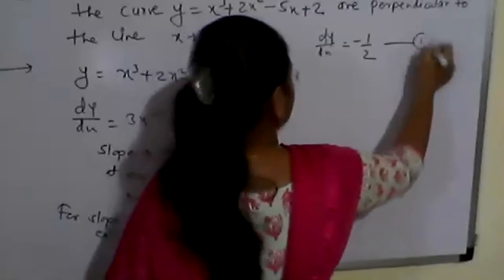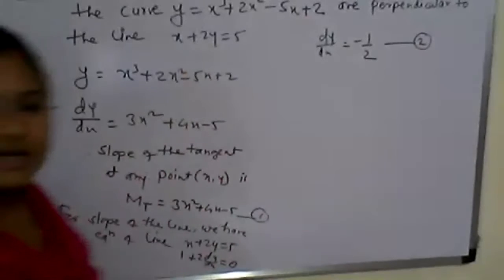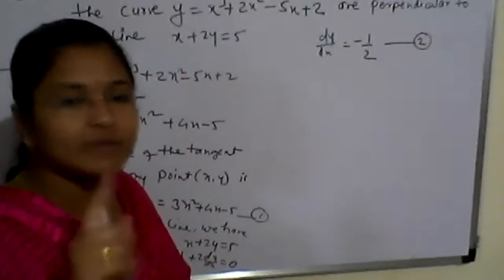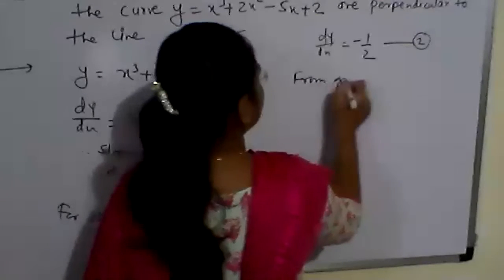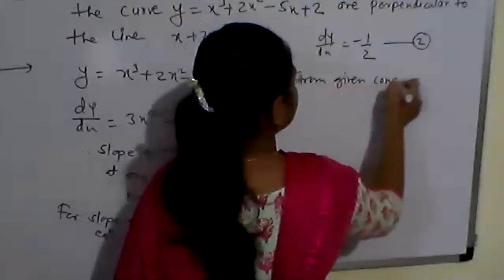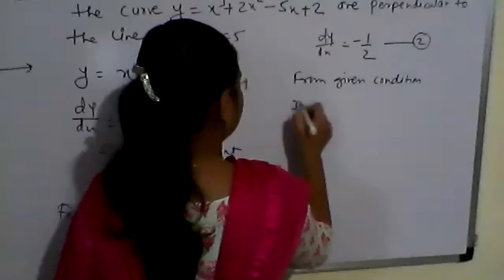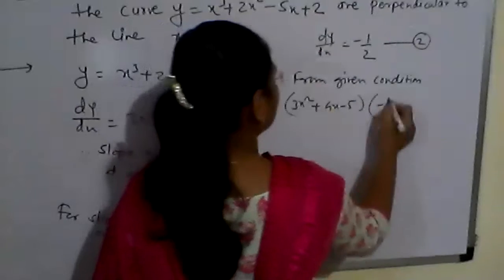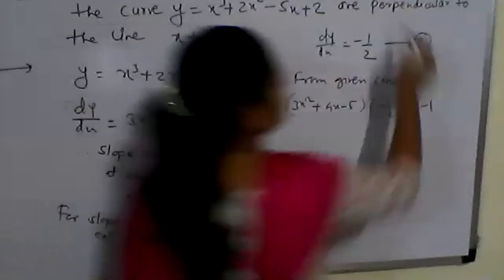Equation number 2. Okay. Multiplication of both these slopes will be minus 1. Therefore, from the given condition, (3x square plus 4x minus 5) into minus 1 by 2 equals minus 1, because both are perpendicular.